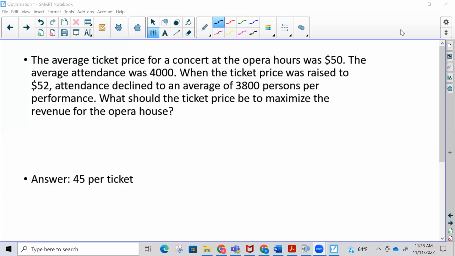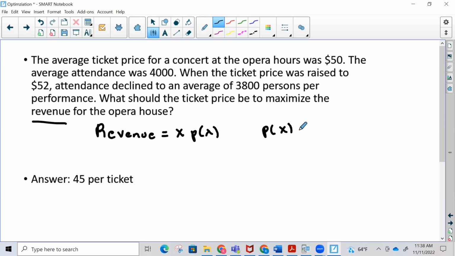Okay, so for these problems, what we want to do is we're trying to maximize revenue. Okay, and just remember that revenue is equal to X times P of X, where P of X is the demand function, the price demand function.